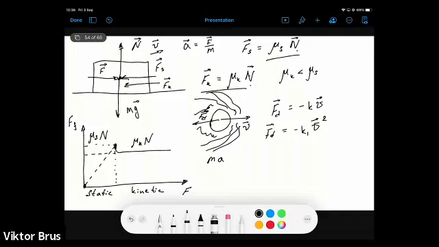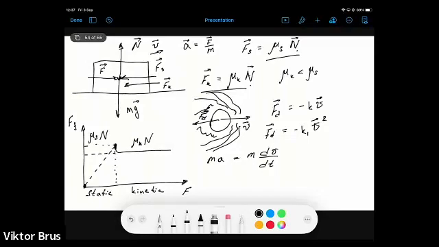But it always will be slowing down because of the drag force, because it's opposite to the velocity vector. So we can write that this is mass times the first derivative of the velocity over time.